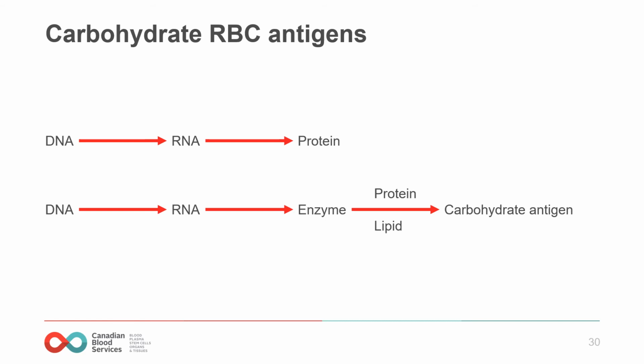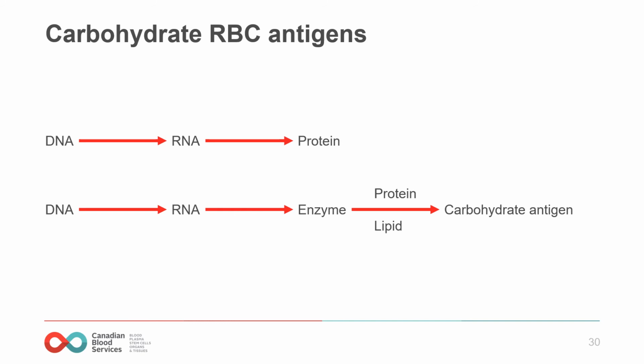But there are some that are purely sugar-based. And so for these, what's interesting is that you go from DNA to RNA, and the protein that's built isn't the actual antigen, but it's an enzyme. And this enzyme then goes and tacks on the sugars onto different things, mostly proteins, but it can also be lipids. And then you build out your sugars. And so, for example, when you're talking about ABO, the ABOs are built off of other things.